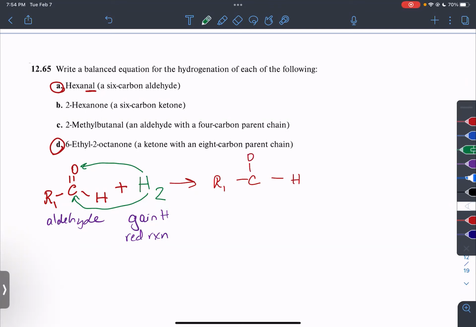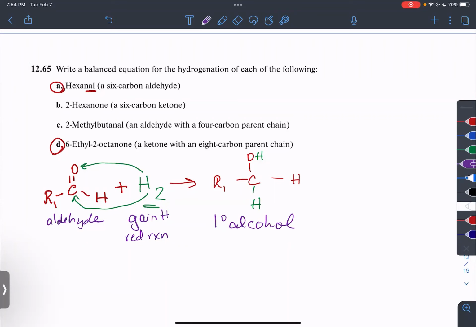But that oxygen picked up a hydrogen, so it no longer has a double bond between the oxygen and the carbon. And then you have another hydrogen that came from the H2, and that adds to the carbon. So now we no longer have an aldehyde. What do we have? We have a primary alcohol. So that's just a model reaction for what you're going to do.